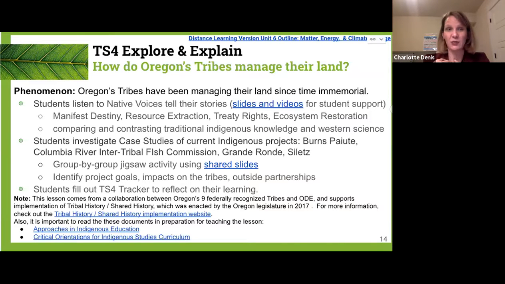So for me, it was really essential to read these documents that I've linked down here at the bottom of the slide. They're also linked in the unit planner. There are 2 documents that are provided by ODE. One of them is called Approaches in Indigenous Education, and the other one is Critical Orientations for Indigenous Studies Curriculum.